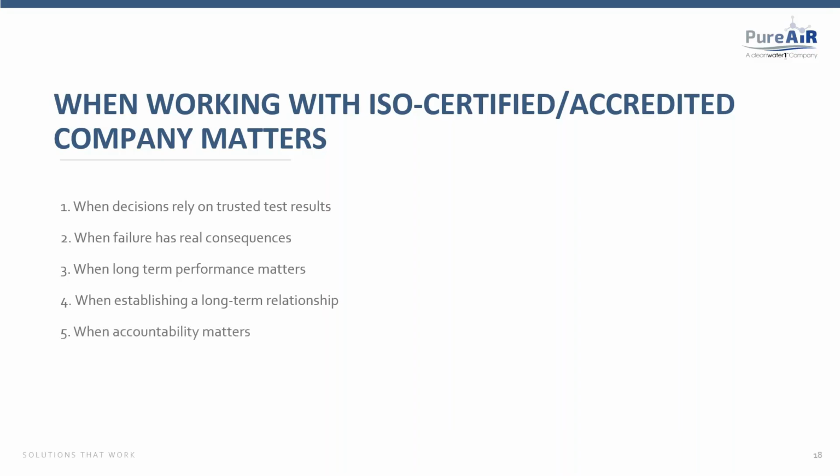When accountability matters, when stuff happens, we have extensive documentation that is mandatory, to hold ourselves accountable and to ensure that we take the steps required to make sure that the issue is fixed and hopefully doesn't happen in the future.